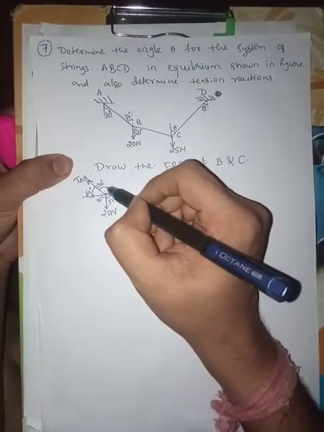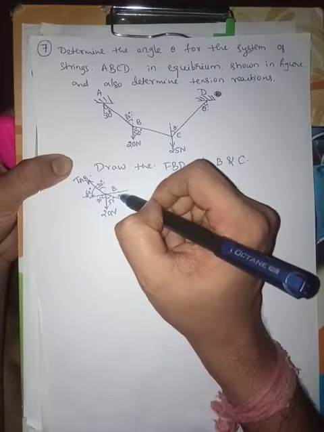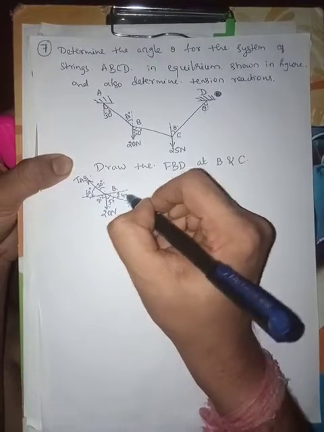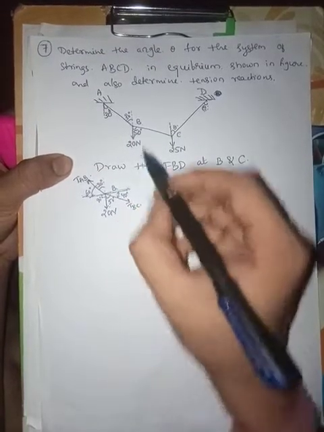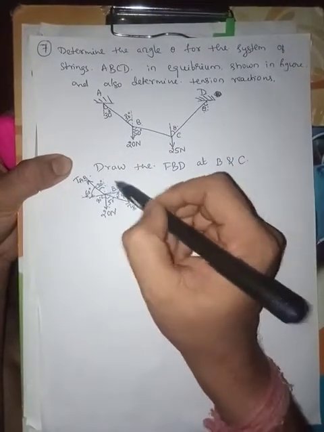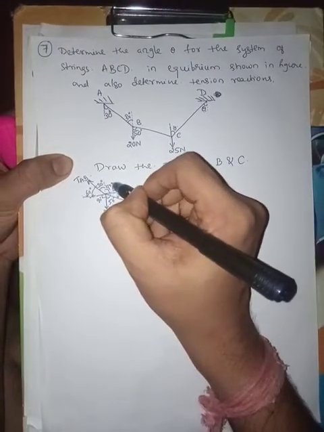Now what about this angle? This angle is 90 minus 50, it is 40, because these are perpendicular to each other. Now this angle is also perpendicular, so this angle is 90 degrees.